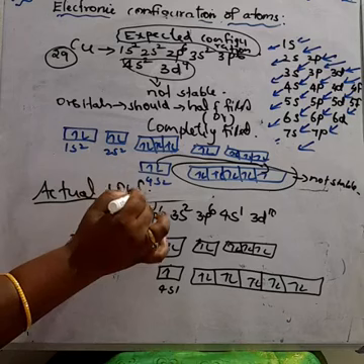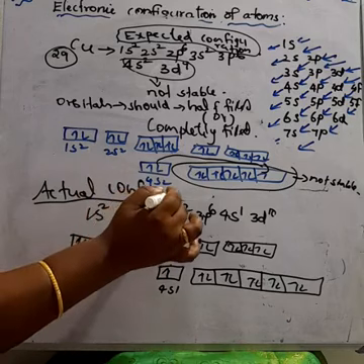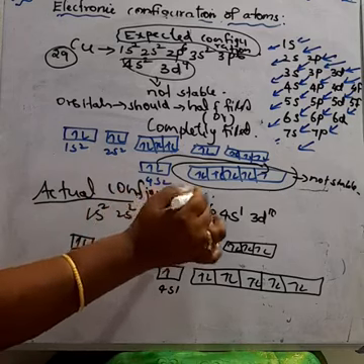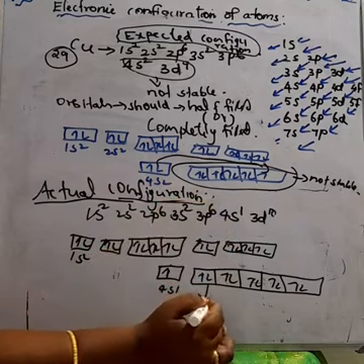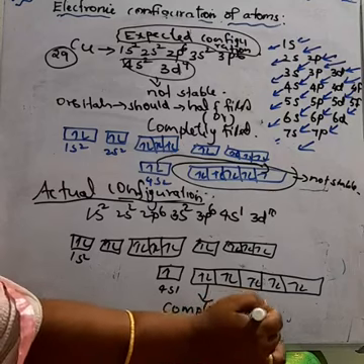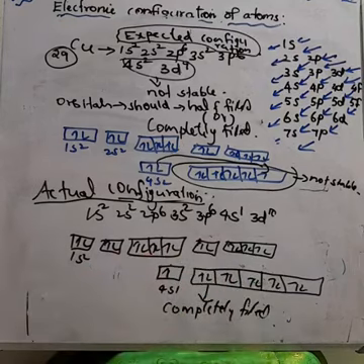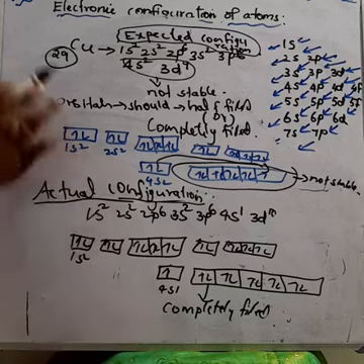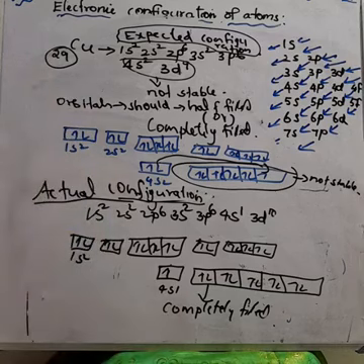Understand? Now it is stable. How is it stable? It gets the completely filled configuration, according to the rule of half-filled or completely filled. Now these chromium and copper atoms are stable.